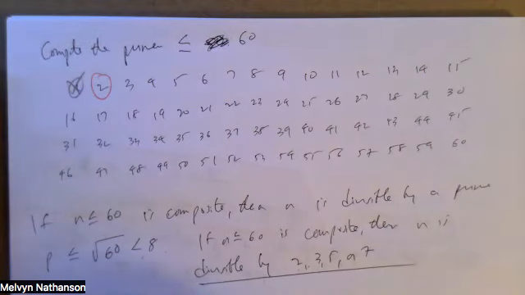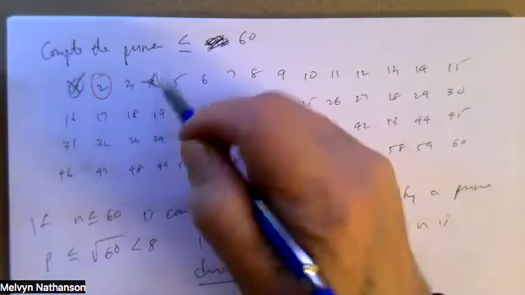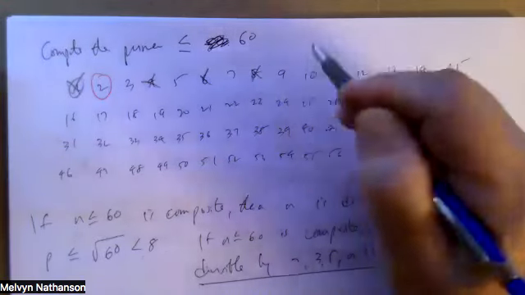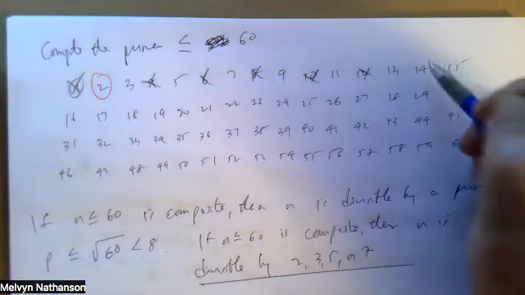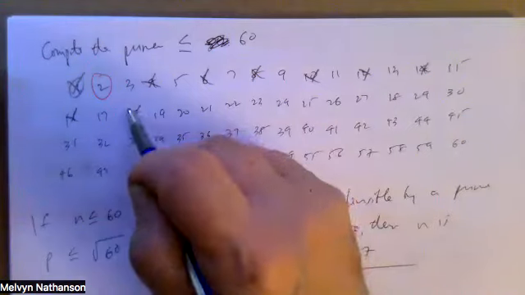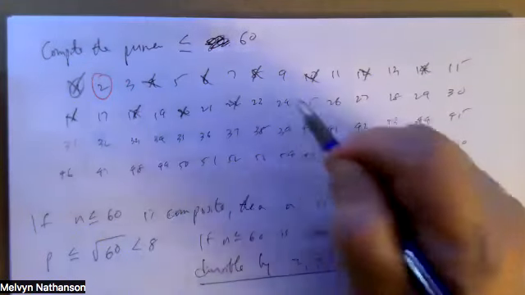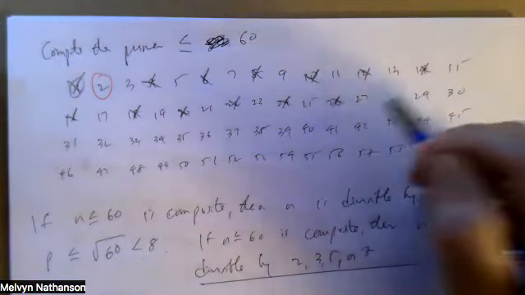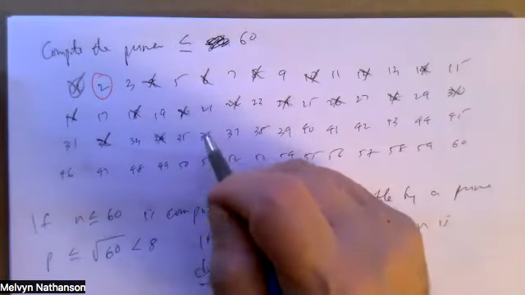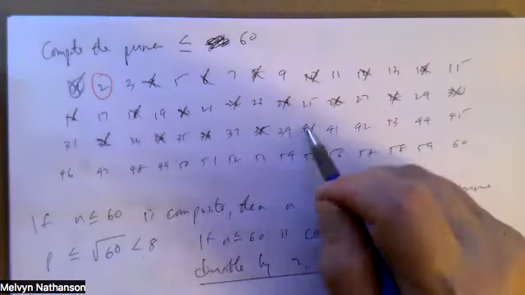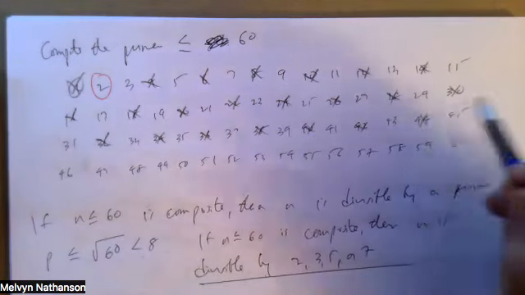So I can cross out all the multiples of 2. Well, that's actually the easiest case. They're the even numbers. An even number bigger than 2 is certainly not a prime number. So I cross out all the multiples of 2.